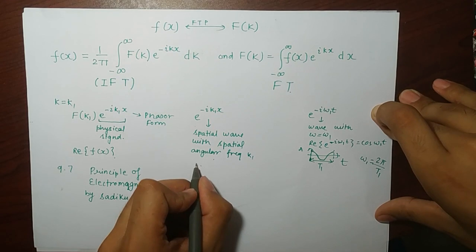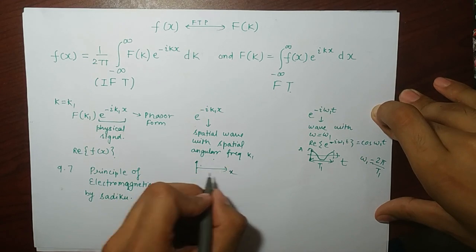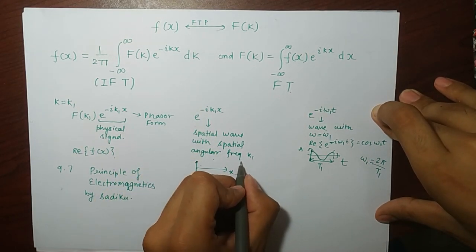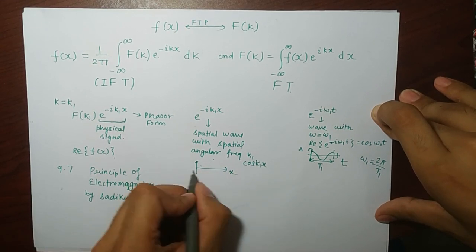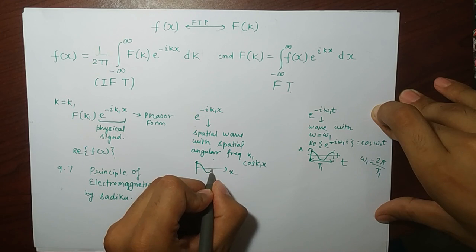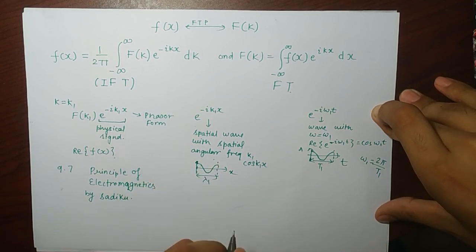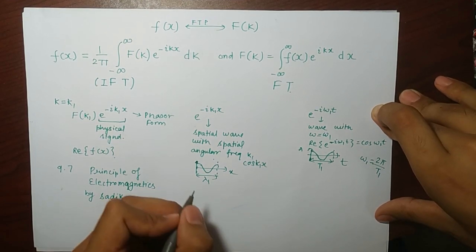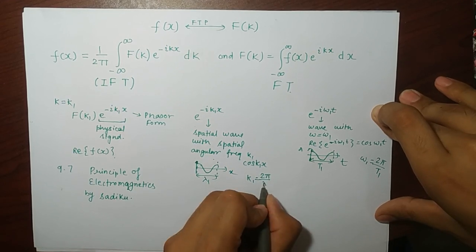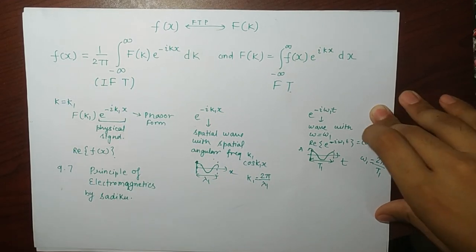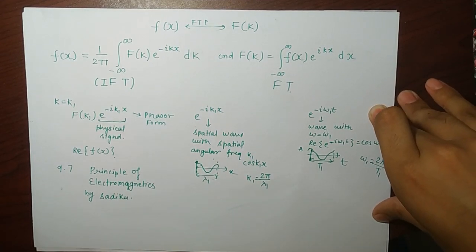Here this is x, and again the real part would be cos(k1 x). So in x it would look like this, and from here to here, let's say the wavelength of the signal is lambda1, then k1 will be equal to 2 pi by lambda1. So you know that if you change k, you are basically changing the value of lambda.